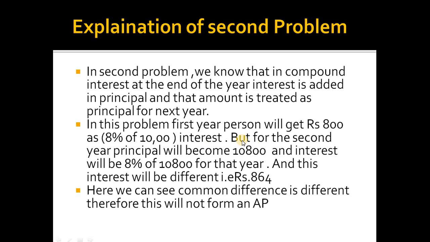But for the second year, principal became 10,800, and the interest will be 8% of 10,800. So this 10,800 was the principal, and its 8% will be 864. Now in the first year 800 is added, and in the second year 864 is there. So here the common difference is not the same. Common difference is different for every year. So that's why in this problem it is not an AP.